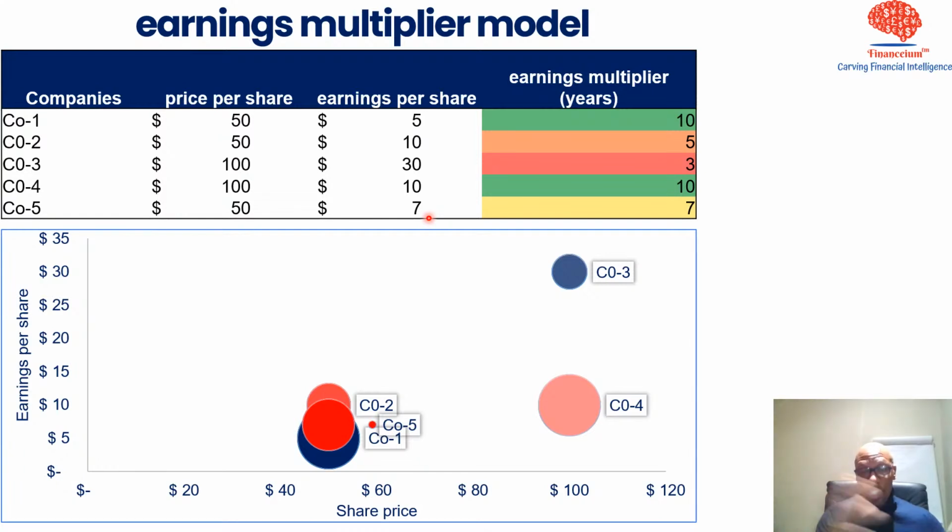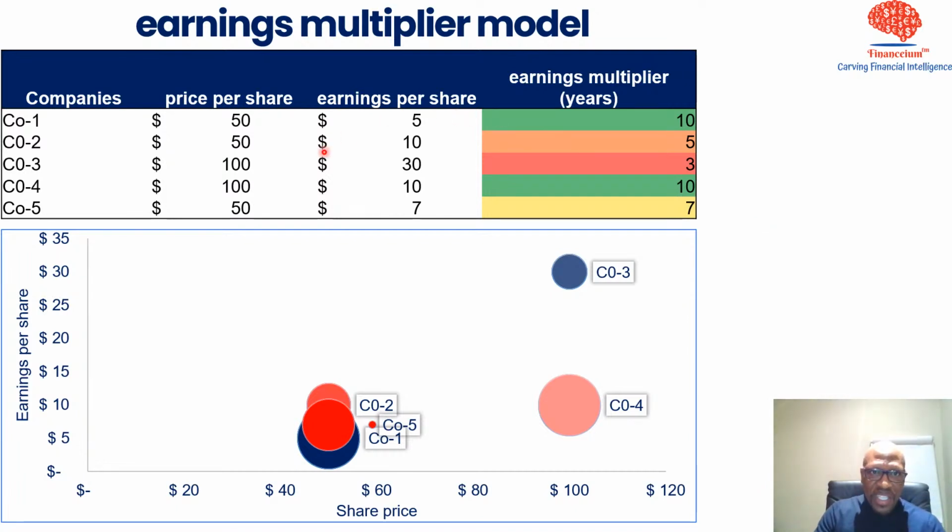So we look at the first company, where you've got a price per share of $50 and earnings per share of 5. You can see that the earnings multiplier here is 10 years. So it basically says this company is trading at 10 times its earnings. Let me say, the earnings that you're receiving today are what you'll have received in 10 years. That is the better way to put it.